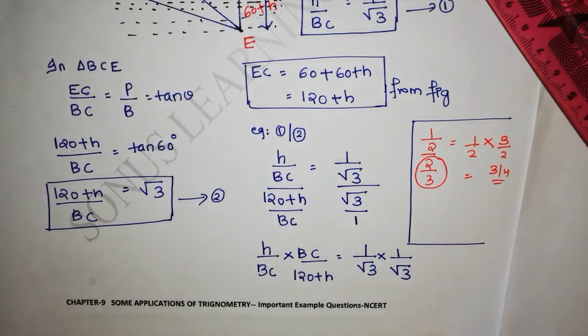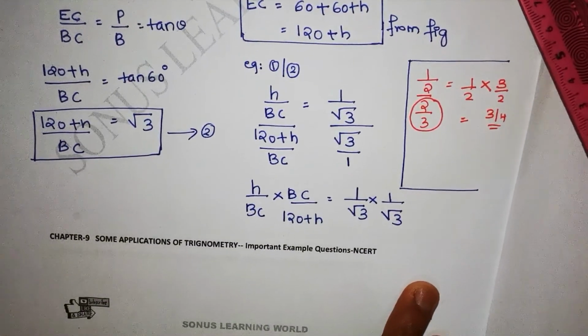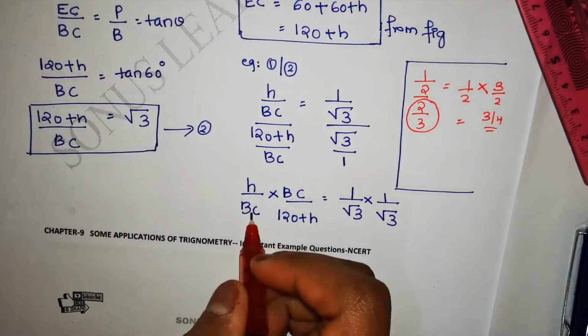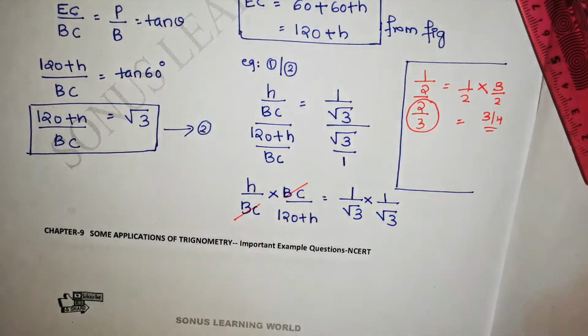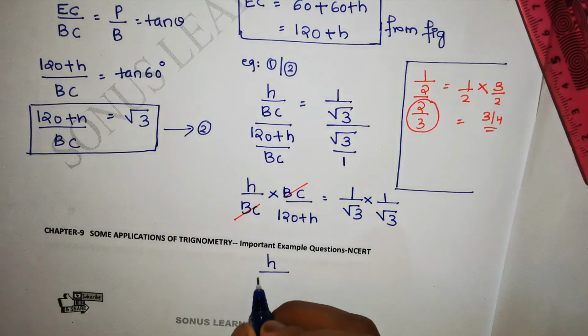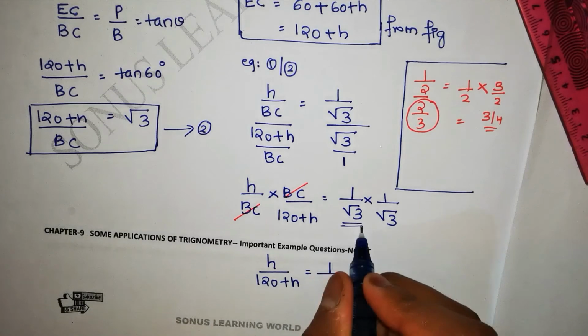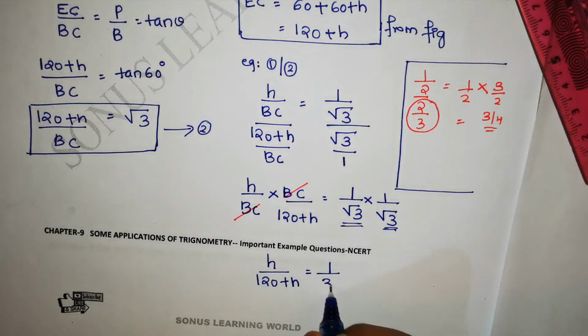Okay, students. So let's solve the remaining part. Here I can cut this BC and BC. Remaining is H by 120 plus H is equal to 1 by root 3 into 1 by root 3, which is 1 by 3.